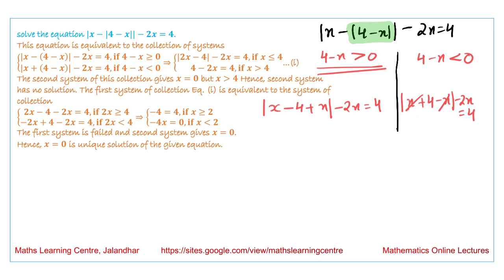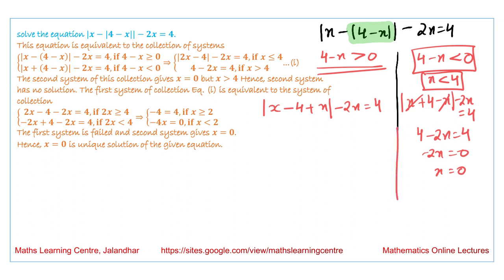We get 4 − 2x = 4. This gives us −2x = 0, so we obtain x = 0. From the given condition we have x less than 4, so the solution in this case is x = 0.